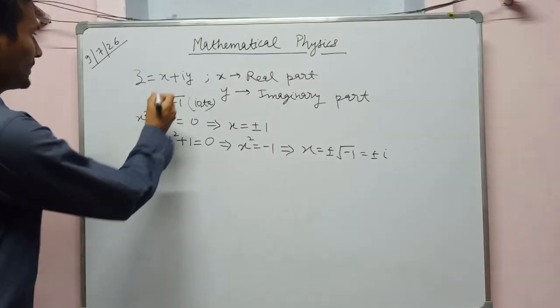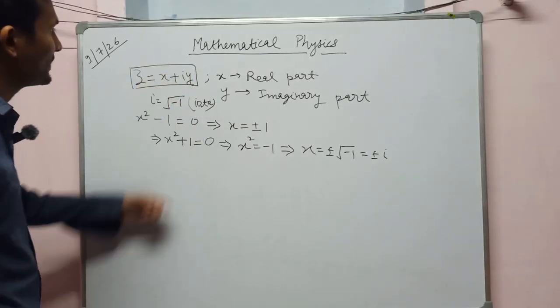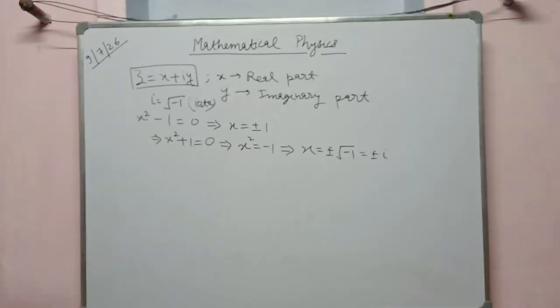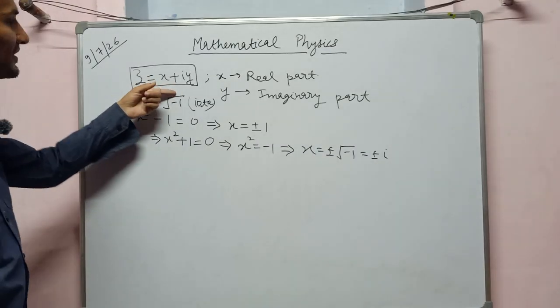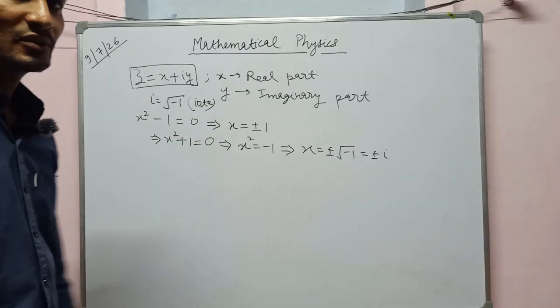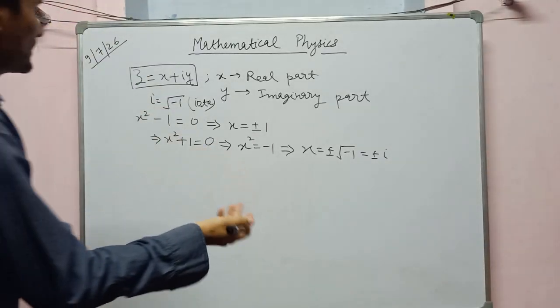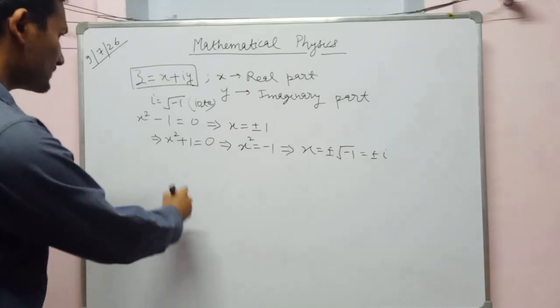Now let me discuss this Z, this representation which is already in Cartesian coordinates. Now I will shift this representation into polar coordinates. In polar coordinates there are two coordinates, r and theta. I will show you how this representation is deduced.